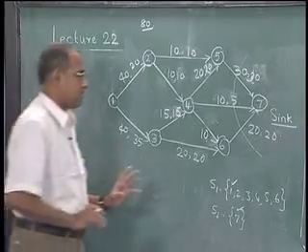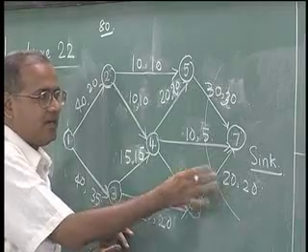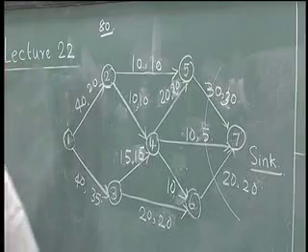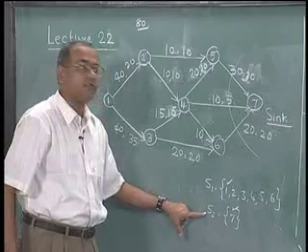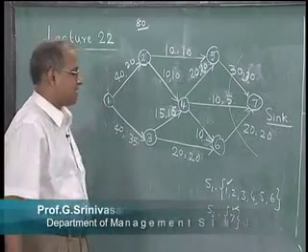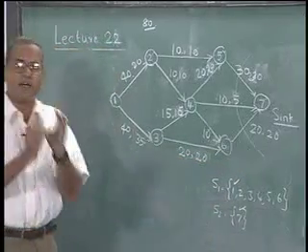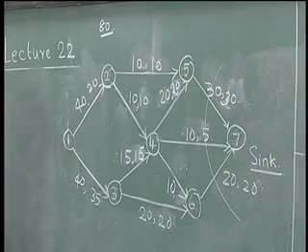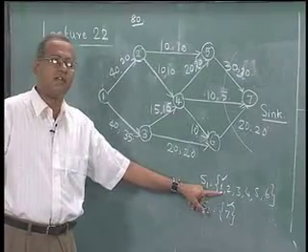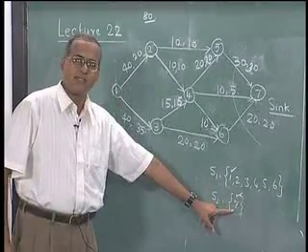What I mean to say now is, instead of saying I have removed 5-7, 4-7, 6-7 with a capacity of 60, thereby I have disconnected this network, thereby I have got this S1 and S2 defined accordingly, that is one way of saying it. The other way of saying it is, if I take the nodes 1 to 7 and simply divide these nodes into two sets S1 and S2, such that node 1, which is the source, is always in S1 and node 7, the sink, is always in S2.